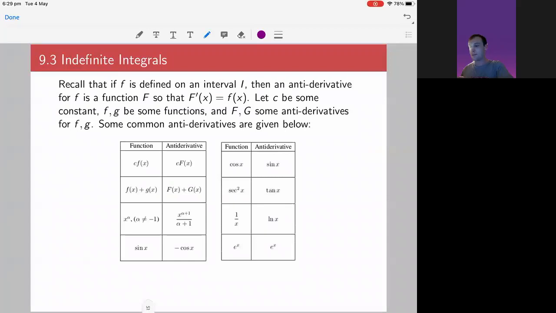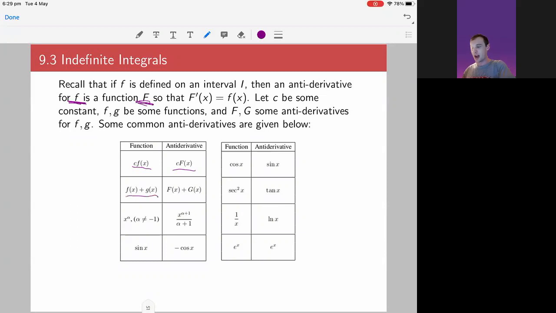So what's going on here? This is just saying that if you've got some small function f, what should its antiderivative be? Well, let's say to start off with, we have a function small f, and we happen to know an antiderivative. Then if we multiply the original function small f by a constant, then an antiderivative for that new function is the old antiderivative multiplied by that same constant.